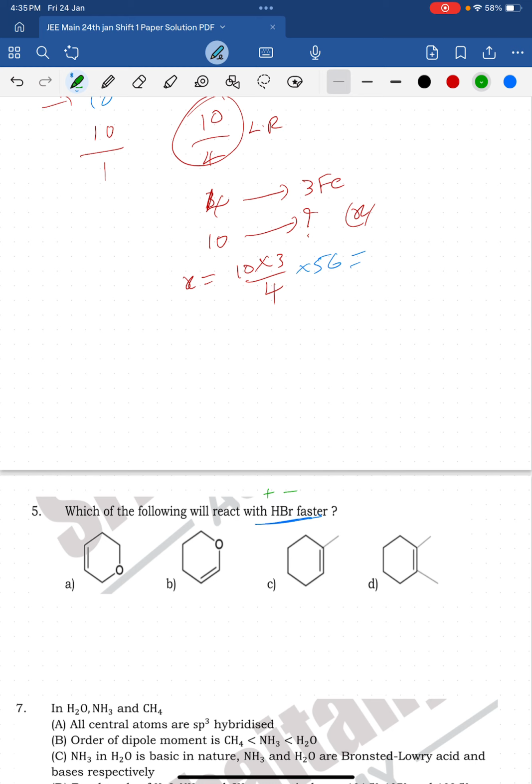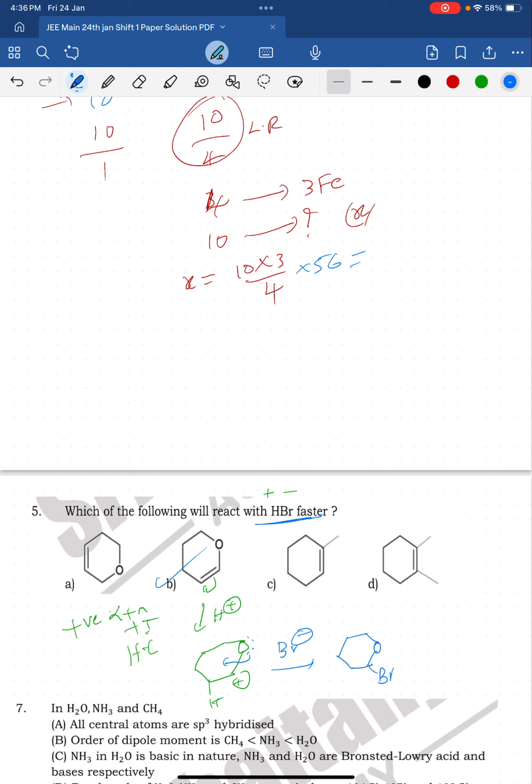Whenever H plus adds, we get a carbocation intermediate, and we have to check which is the stable carbocation. Stability is by +M, +I and hyperconjugation. When we add H plus to the pi bond, the positive charge is stabilized by back bonding, so this cation is very highly stable. This is your expected answer.